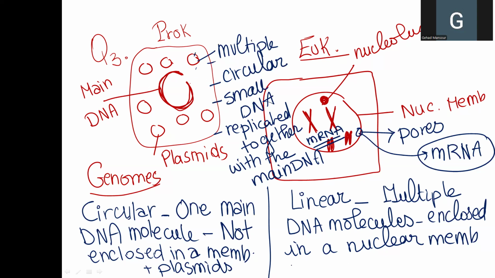So do we have an equivalent thing in eukaryotic cells? Yes. It's true that we don't have a nucleus and a nuclear membrane in prokaryotes, but inside the eukaryotic cell we also have DNA outside the nucleus other than the main DNA. So this is a common thing between the two.